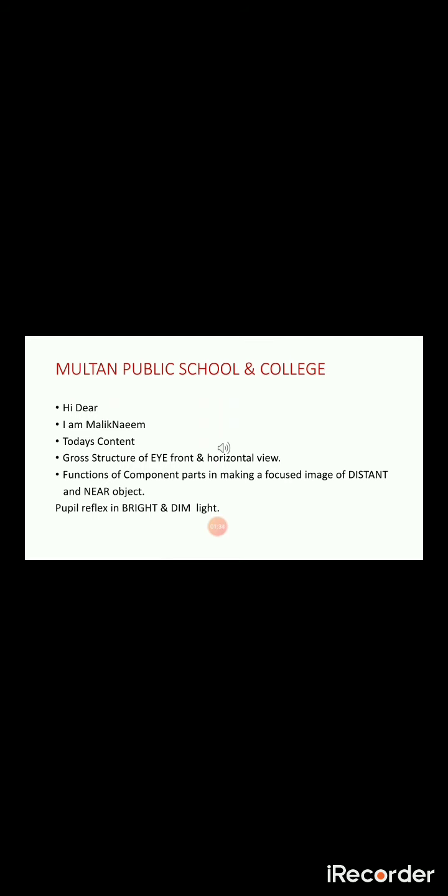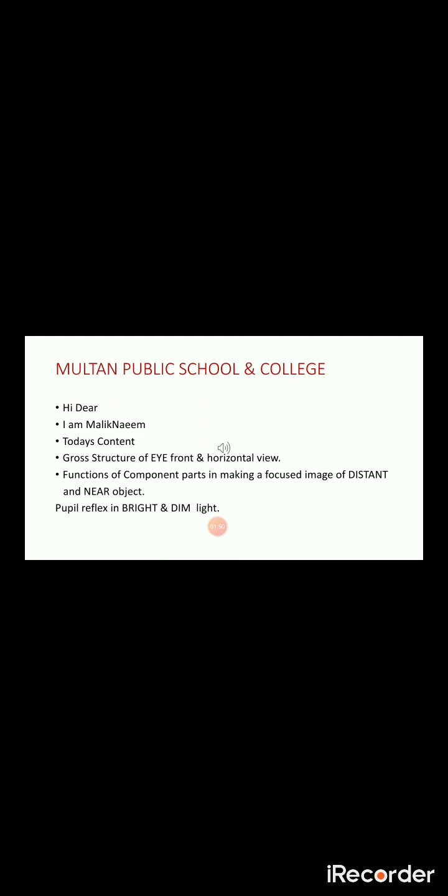The exposed part of the eyeball is covered by a thin, transparent membrane called the conjunctiva. This is continuous with the skin of the eyelids.